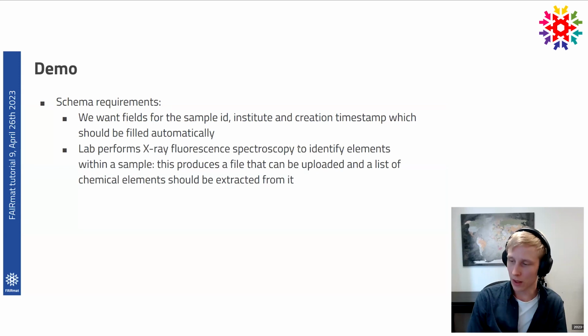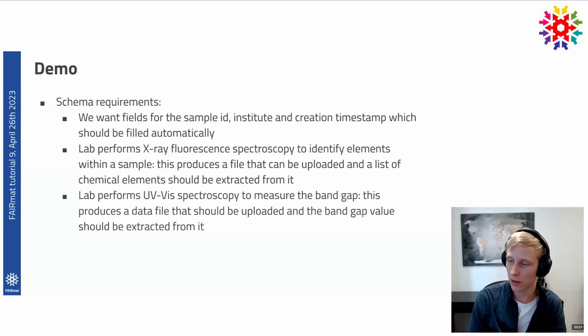Now let's say the lab performs X-ray fluorescence spectroscopy to identify which elements are within a sample. In my example here, this is just a file which contains the information, and we want the normalize function to extract these elements from it and put them into our data.